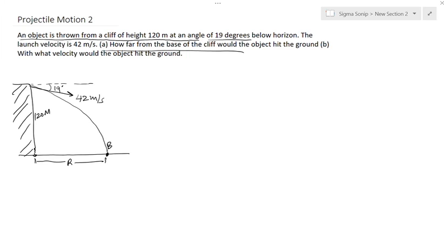Again, we already know that in projectile motion, the time of flight is determined by considering the vertical motion. So let us consider the vertical motion here. I'll write that heading; even if you write just vertical motion, it is enough.